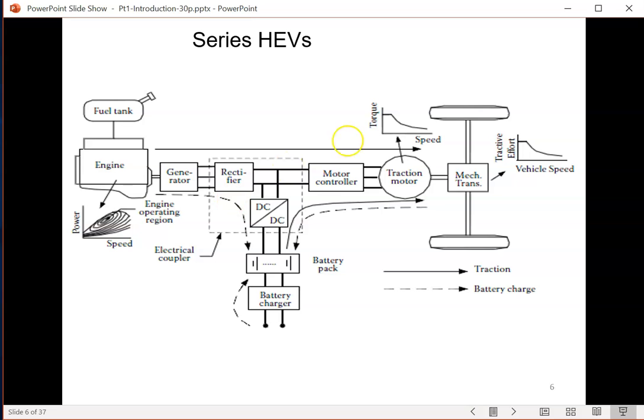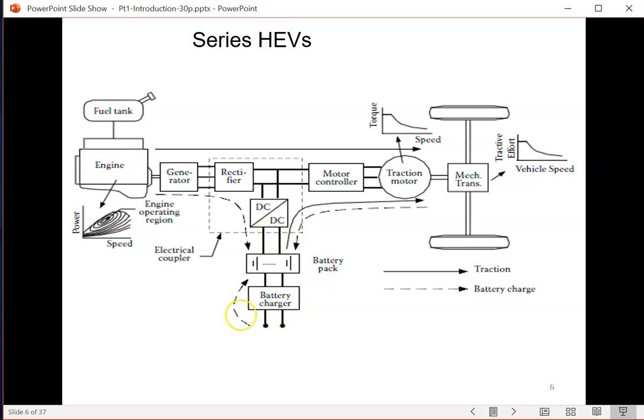So the energy can go into the DC to DC converter, come out and charge the battery, or the battery can go back and provide the energy to the motor, through another power electronics that controls the motor. So the energy can come down, the energy can go up, but the voltage level between the two sides of the DC-DC converter will be different because of the configurations.